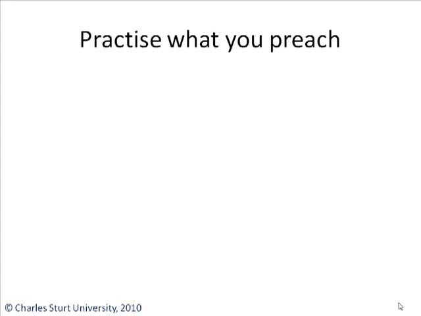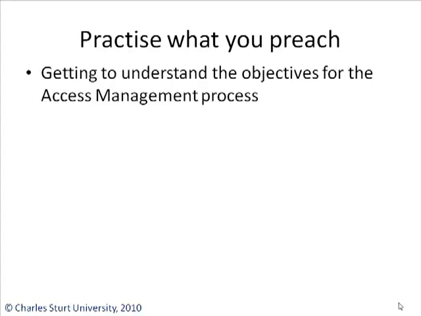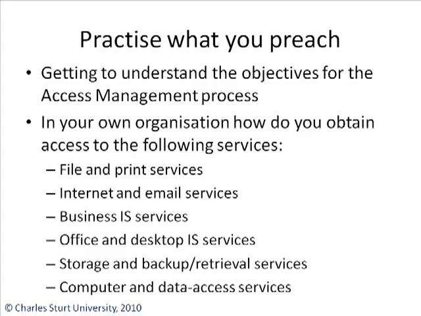Practice what you preach. Of course, it's about understanding the objectives for the access management process. In your own organization, how do you obtain access to the following services? For example, if you need access to file and print services, where do you go? What do you do? What about internet and email services? What about business information system services?